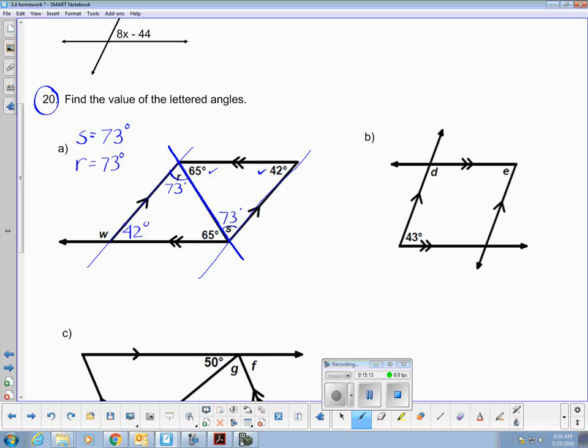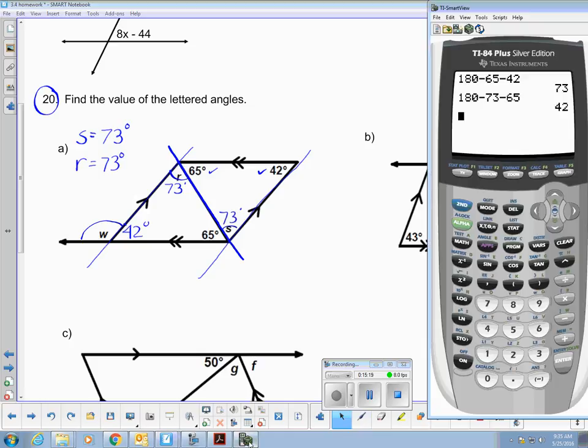And then finally, to find the measure of angle W, which is supplementary to 42 degrees, I can take 180, subtract 42, and angle W is 138 degrees.